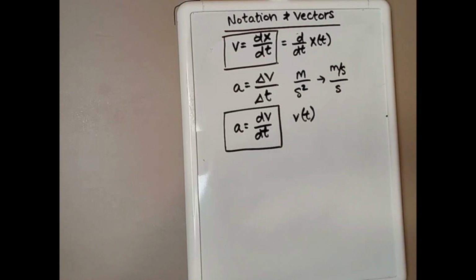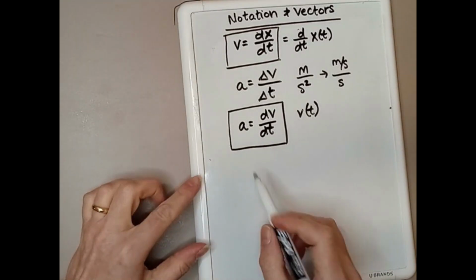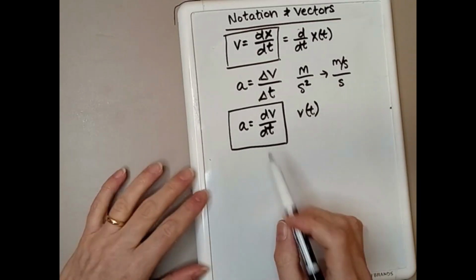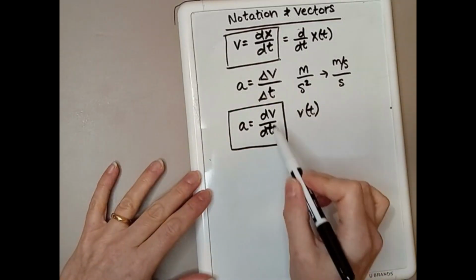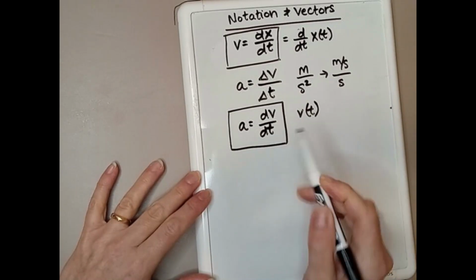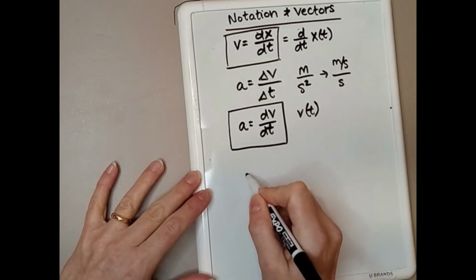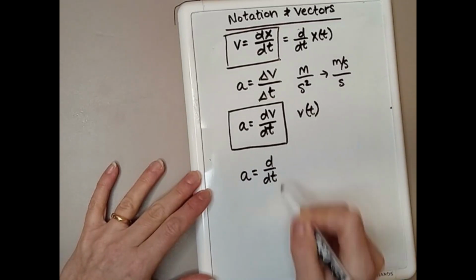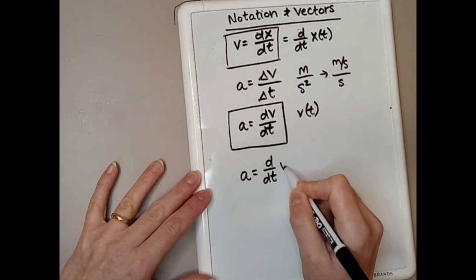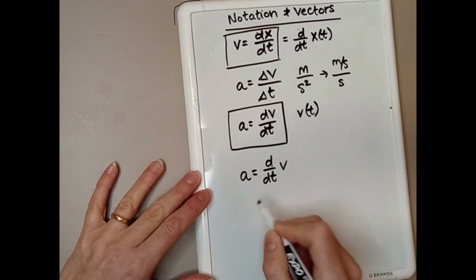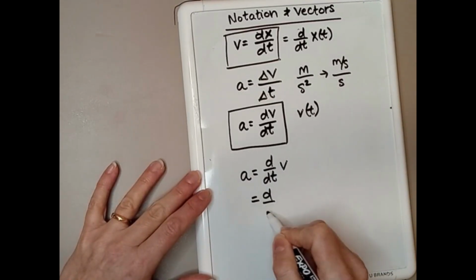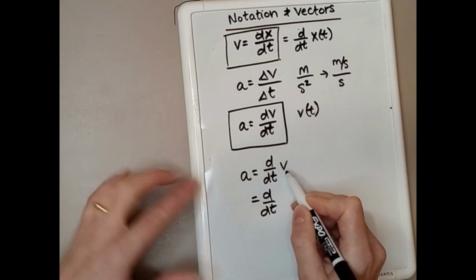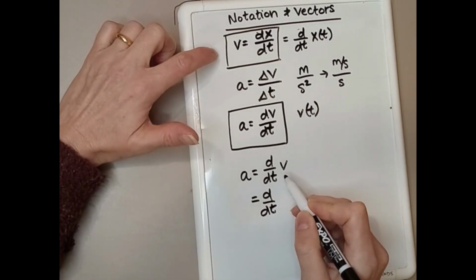You don't really need to know this right at this second, but we can also say that acceleration, if you take your equation for v and substitute it into our derivative of v here in our equation for a, we can do that. So we'd have a equals d by dt, I'm going to put that out front, of our function velocity. And then I'm going to replace this v with our equation for velocity, which is dx over dt.